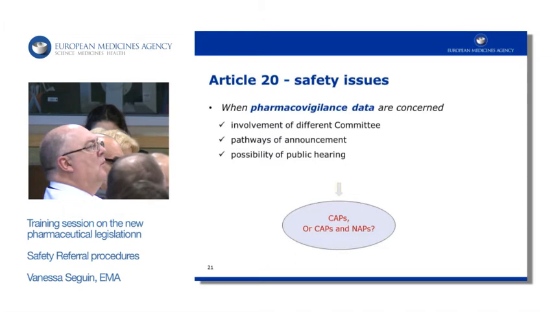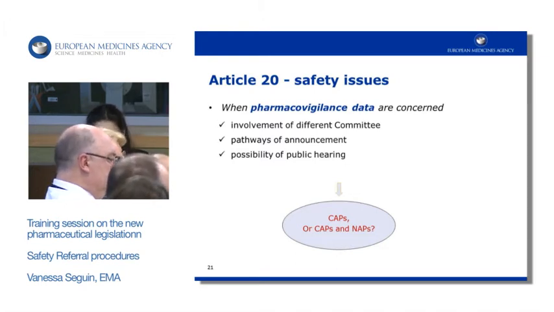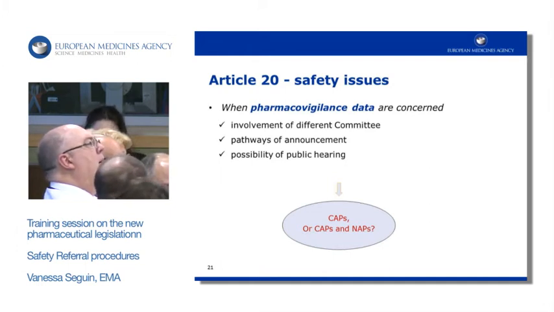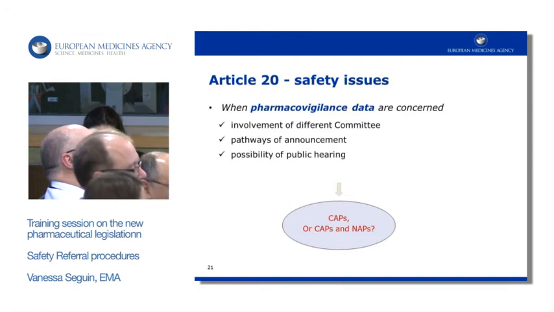Now, what about safety? When pharmacovigilance data are concerned, we've got the same pattern as the one we were describing previously for the Article 31 safety related. Again, you've got implications such as involvement of different committees, PRAC, HMPC, and the possibility of a public hearing. The pathway of announcement is different.